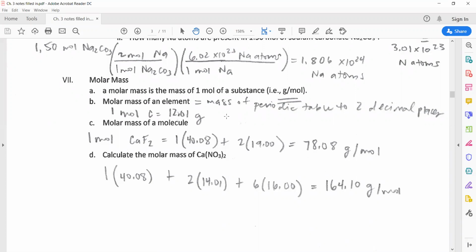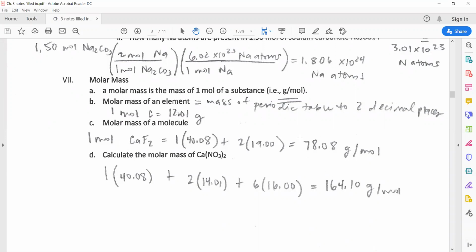So if you went in the lab and massed 12.01 grams of carbon, you would know that you have a mole of carbon. Similarly, for a molecule, you're going to add up each of the pieces. So for 1 mole of calcium fluoride, you're going to take 1 calcium, so 40.08, and 2 fluorines, 19.00. Add them up. We're trying to keep consistent with 2 decimal places, and our mass is 78.08.